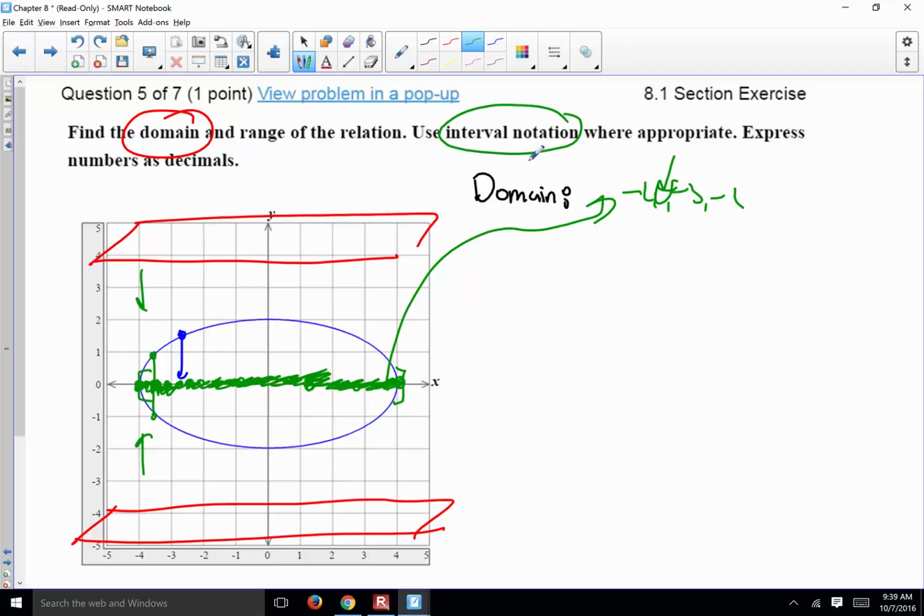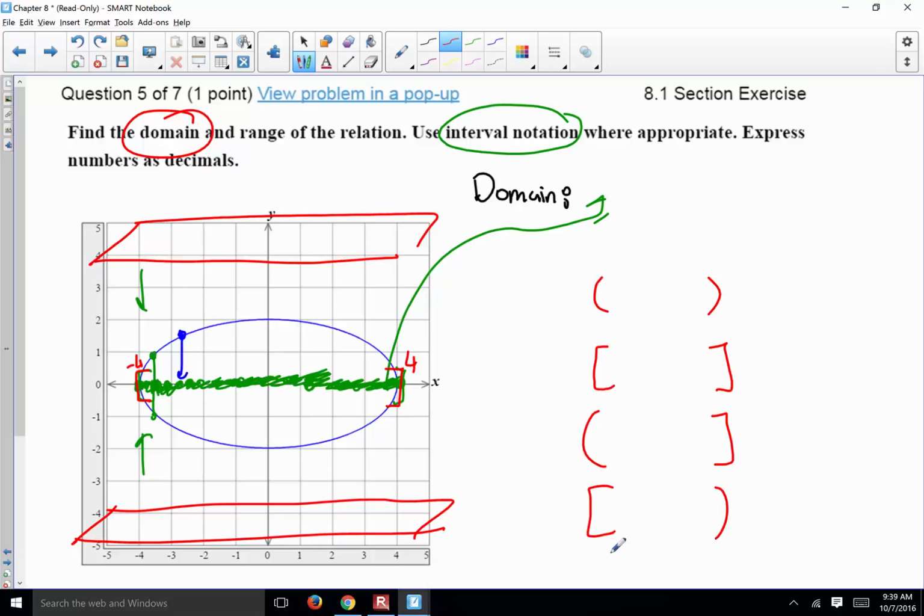interval notation. Do you guys remember interval notation? This is a piece of line. A piece of line starting at -4 and ending at 4 and everything between. How do you write this in interval notation? Interval notations are these: either both parentheses, both brackets, one parenthesis, one bracket, left side bracket, right side parenthesis.